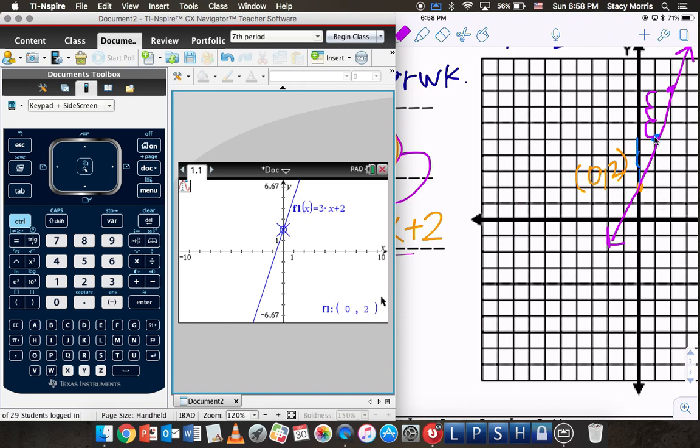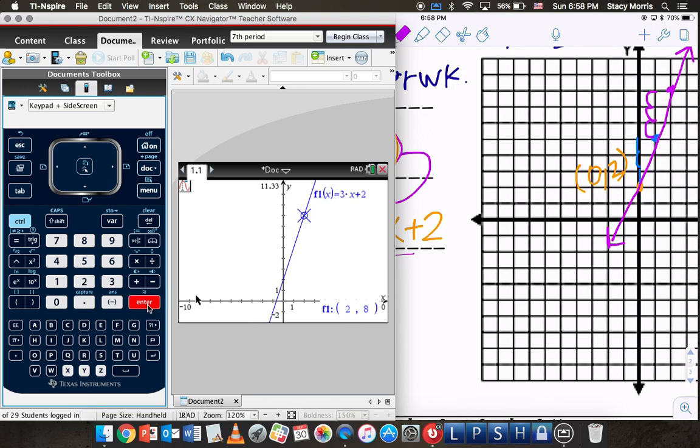Then we could go to 1, and our graph right here is at 1, 5. So when I go to 1, there it is. Then the next one should be up here at 2, I believe that's 8. So at 2, enter, 2, 8. There it is. So this graph on our calculator does match what's on our paper.